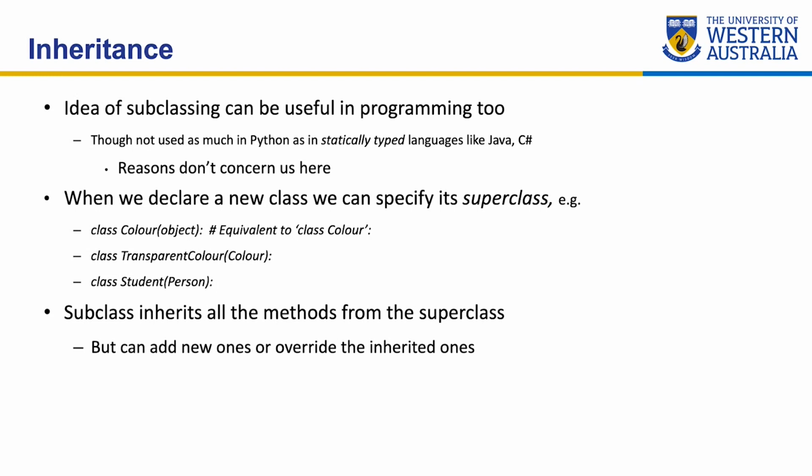Object in Python programming is the highest class that every object inherits. Okay, and then we can create a subclass called transparent color, which is a subclass of color. So now color is inside the brackets. Or we can also create a student, which is a subclass of person.